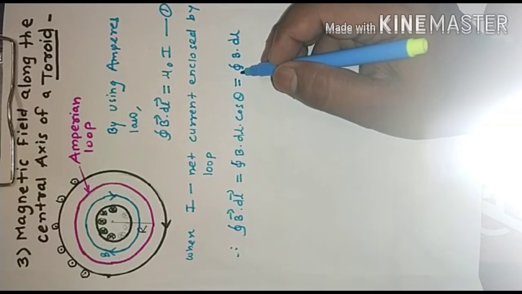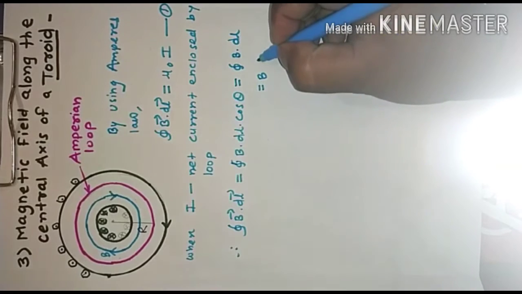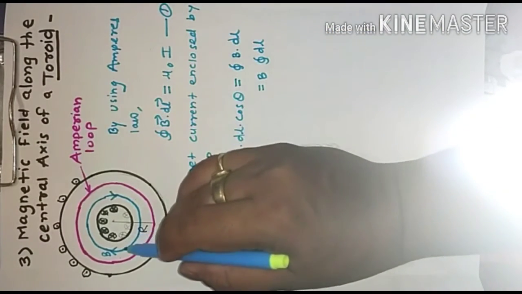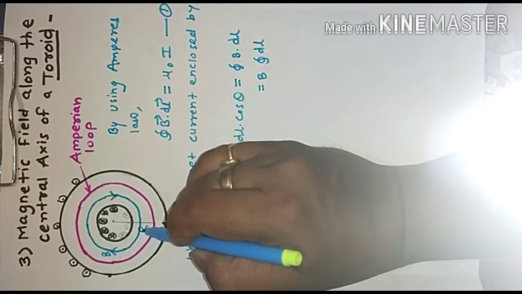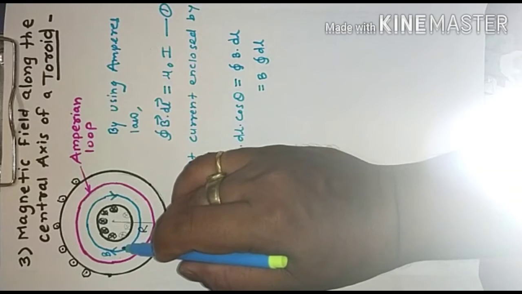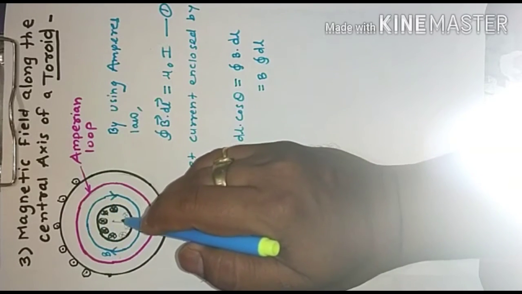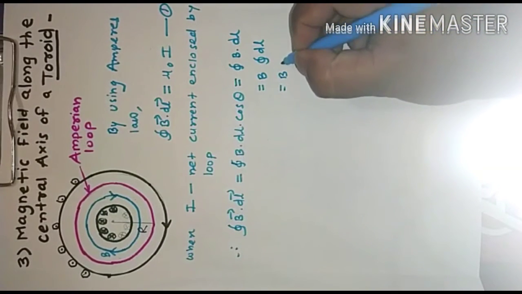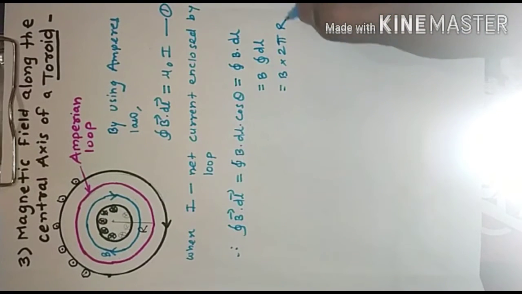As B is constant, taking it outside of the integration, we get B times the integration over dl. The dl is the small element on the circular Amperian loop whose radius is r, and therefore if we integrate dl, we get the total length of the loop, equal to the circumference of the circle, so this is equal to B into 2 pi r. This is equation number 2.